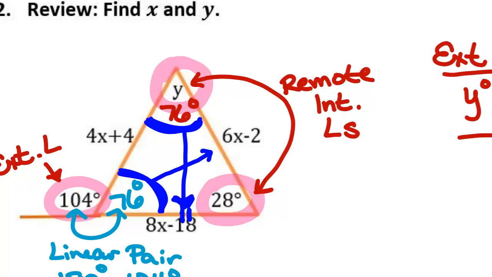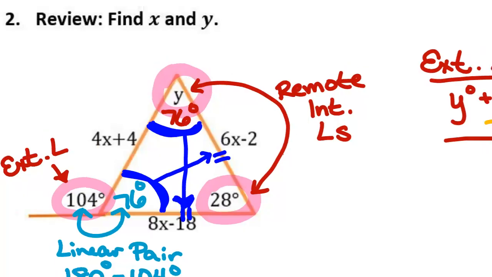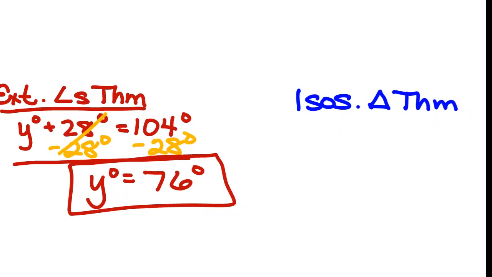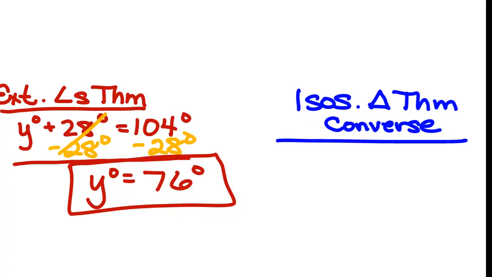Yes, opposite this would be 6x minus 2. So we are going to use the isosceles triangle theorem converse. And that allows me to take 8x minus 18 and set it equal to 6x minus 2.